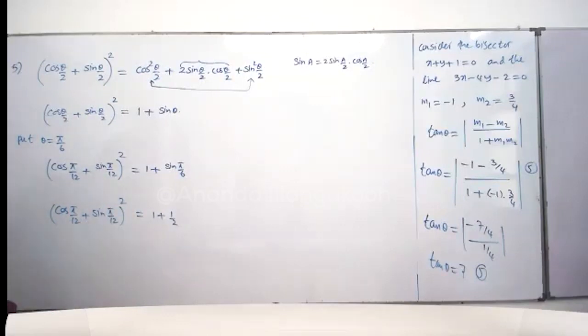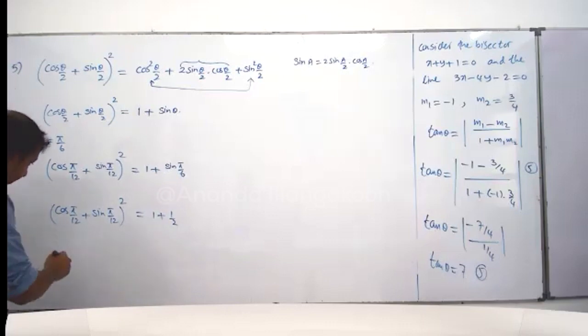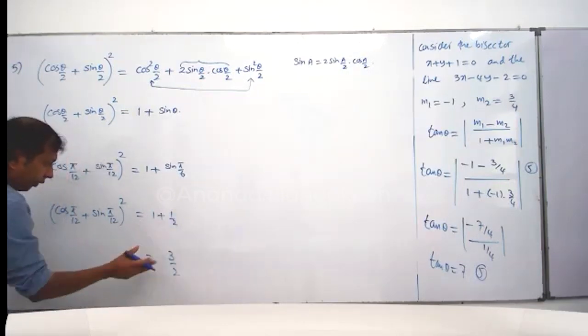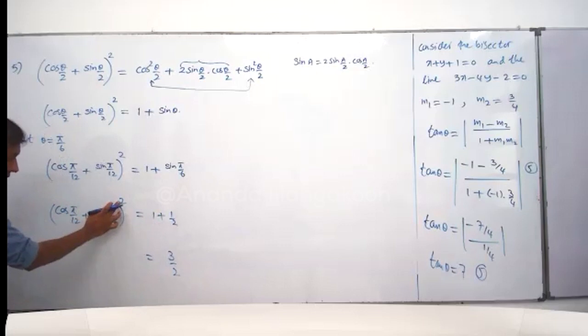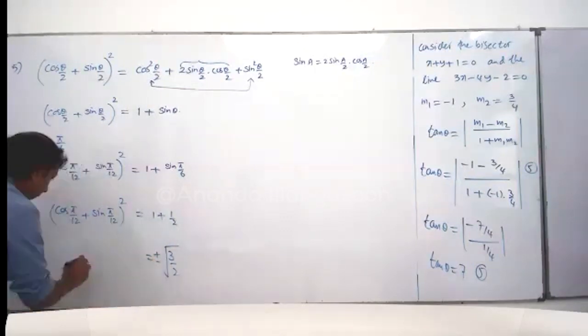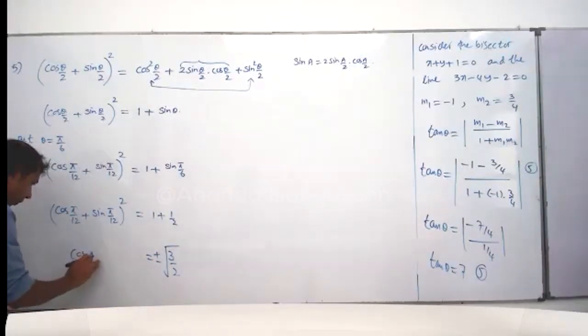Now, here, this is 3 by 2. Here we have a perfect square. Then if I need to make this the subject, I have to put the square root with plus or minus. Now, left hand side we have cos pi by 12 plus sin pi by 12.